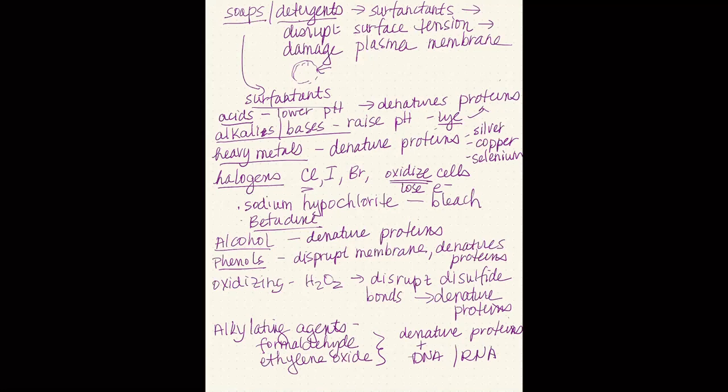Now, the last one on here is dyes. These are things like crystal violet, and they use another one, acridine orange.